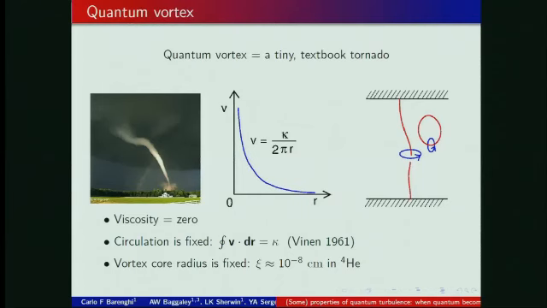From another point of view, we can think of our quantum vortex as a tiny textbook tornado. Why is that? Well, first of all, it's a very simple, textbook kind of system because the viscosity of the fluid is equal to 0. We have a superfluid. Secondly, the circulation, which is the integral of the velocity field around the axis, is actually fixed.